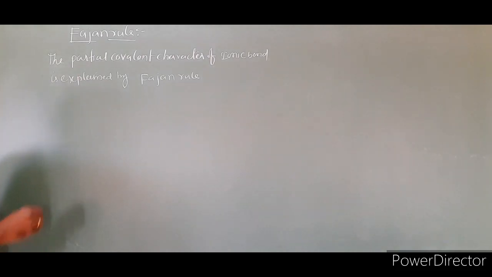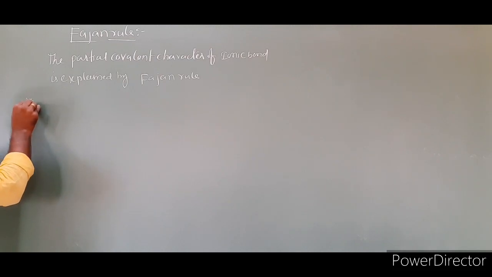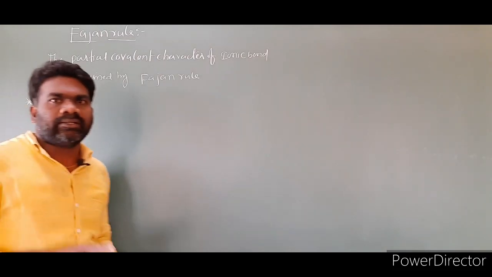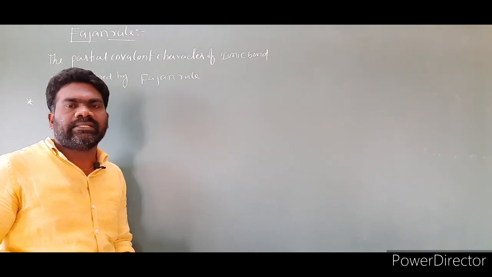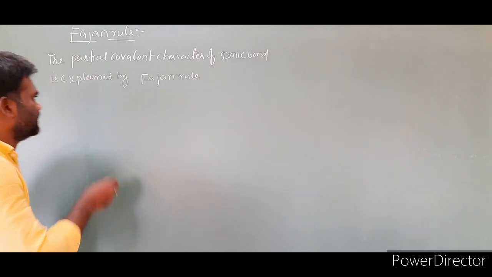So let us discuss the rules one by one. The first one: for a given cation, the covalent character of ionic bond increases with increase in the size of the anion. Let us write the sentence.